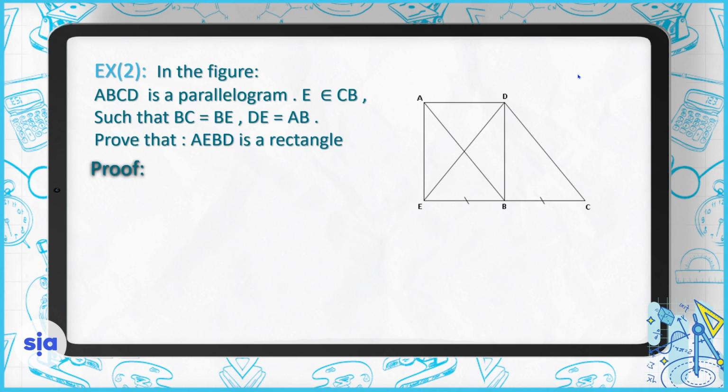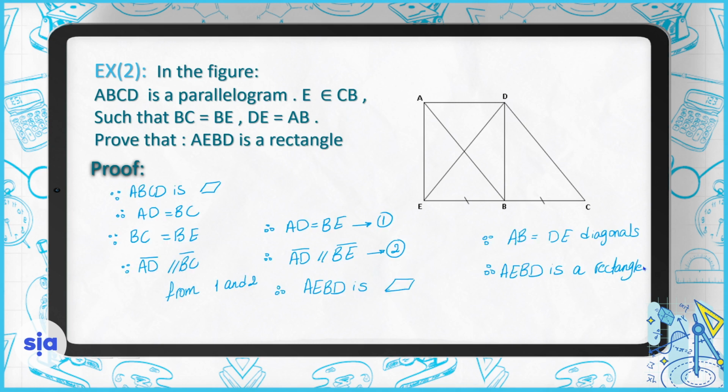Exercise number 2. In the figure, ABCD is a parallelogram where E belongs to CB such that BC is equal to BE and DE is equal to AB. The question wants me to prove that AEBD is a rectangle. Since ABCD is a parallelogram, therefore AD is equal to BC. Since BC is equal to BE, therefore AD is equal to BE.